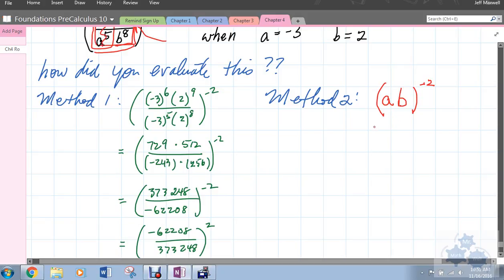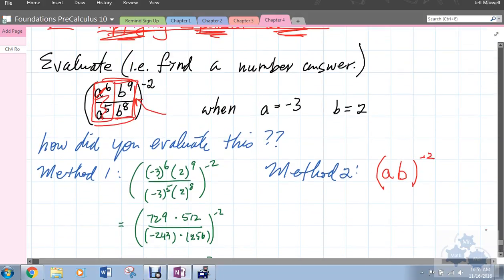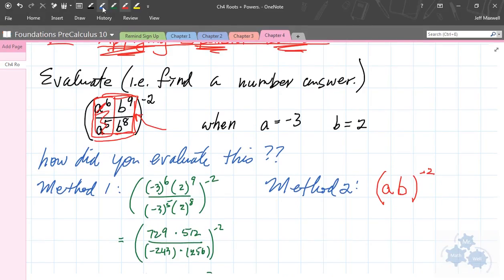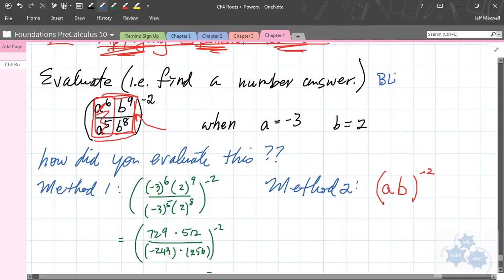Now, do you remember what other set of rules we would use to evaluate expressions that have multiple operations? I'll say that again. Do you know what rules we use? Yeah, you said it, BEDMAS. Remember BEDMAS? B-E-D-M-A-S. What did BEDMAS help us with?